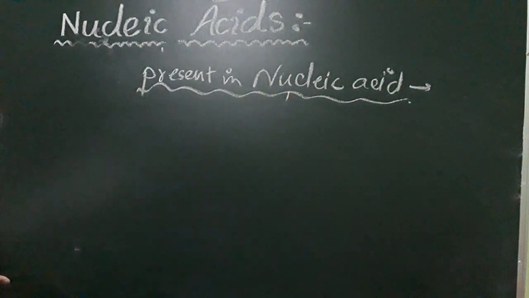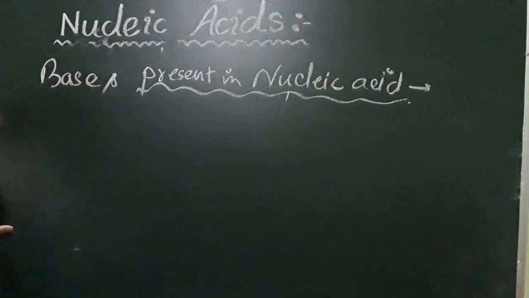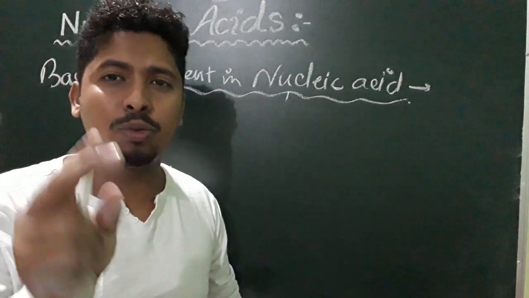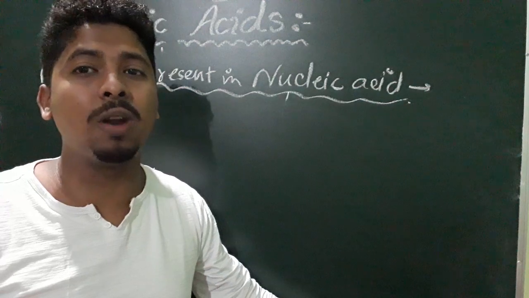Complete hydrolysis of this nucleic acid, complete hydrolysis of this DNA or RNA, gives two types of bases. One is purines, another one is pyrimidines.